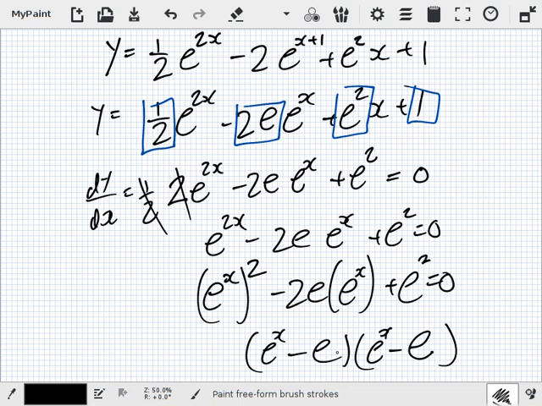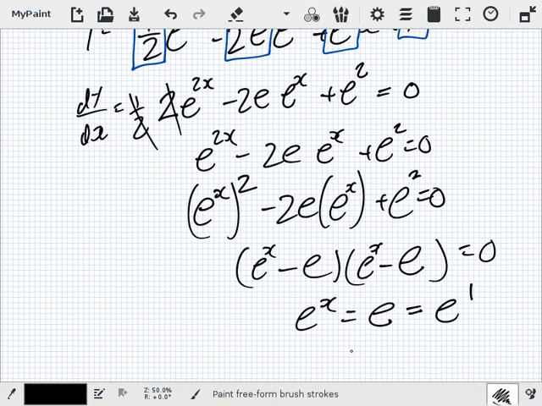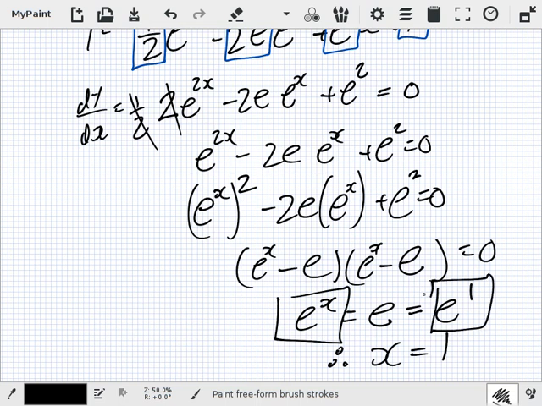Minus e add minus e is minus 2e. So you get two answers that are the same. So you have e^x equals e, which equals e^1. So therefore, x equals 1.